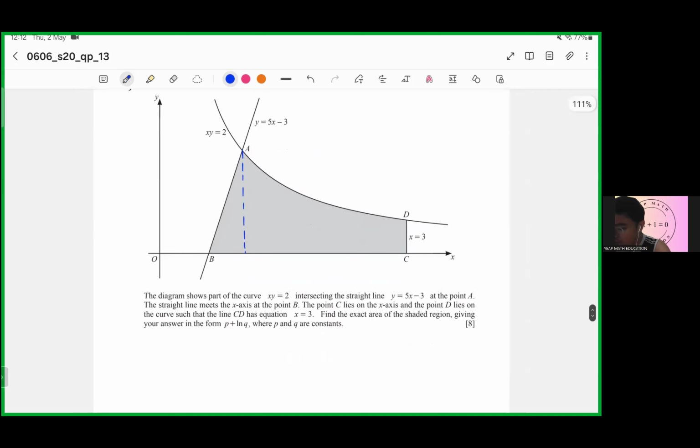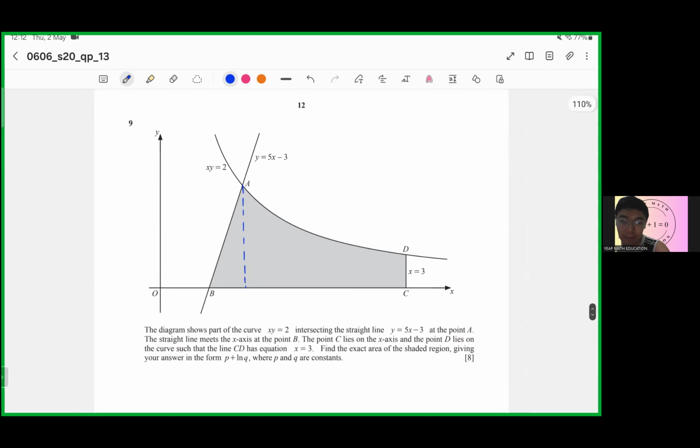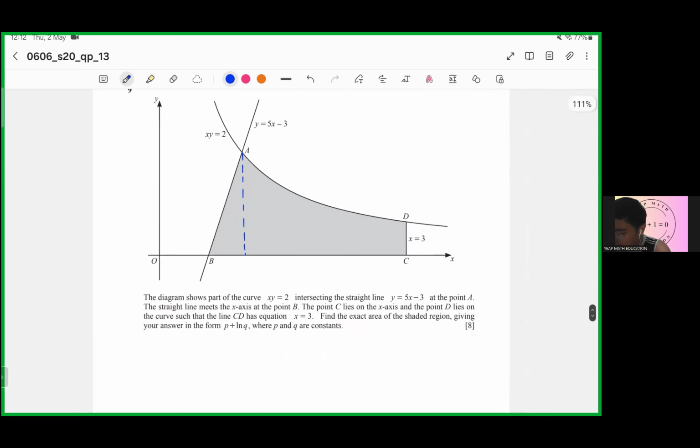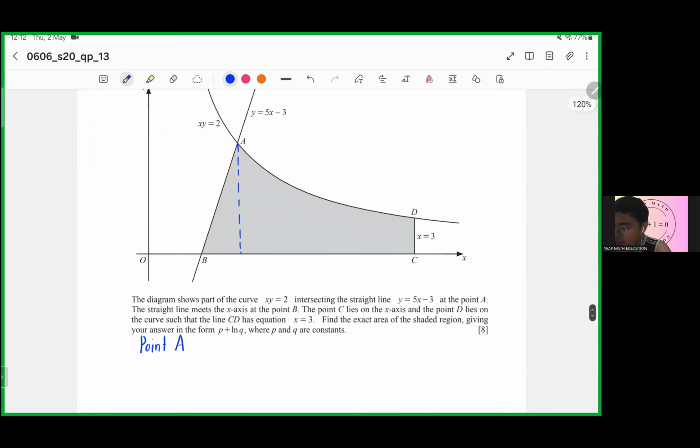Okay. Now what we need to find is points A, B, and C. Okay, we find it step by step. Especially for point A, what we need to do is a simultaneous equation. Okay, you can see y equals to 5x minus 3, right?